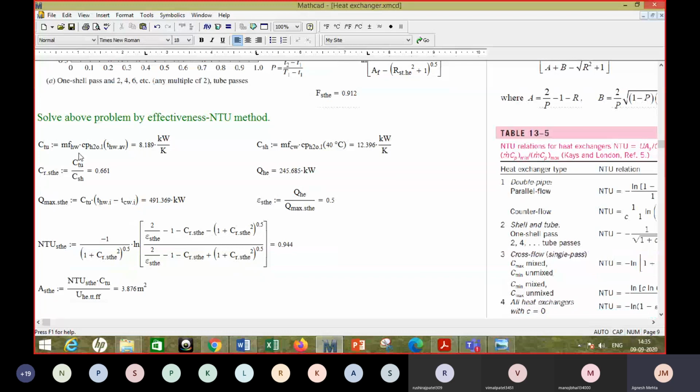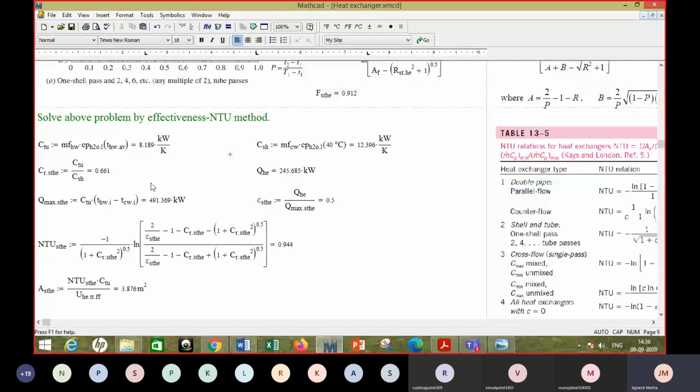So there you find out the heat capacity rate on the tube side, the hot water, on the shell side, the cold water. Then the ratio of that is CR, and you know the actual heat transfer rate, that is m Cp delta T of any one of the fluid.